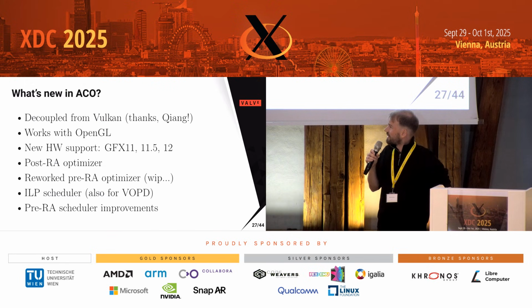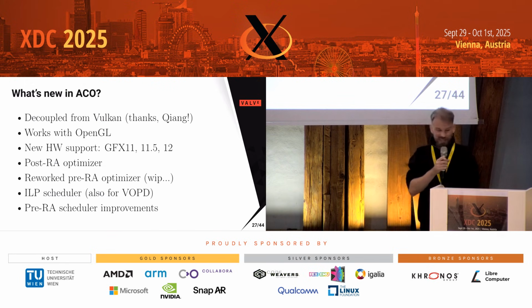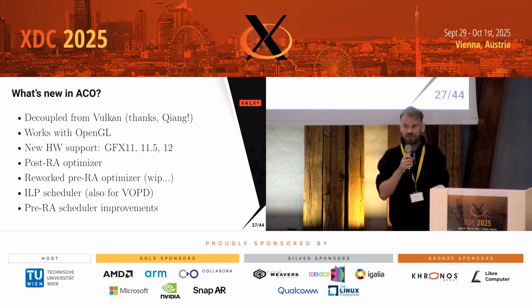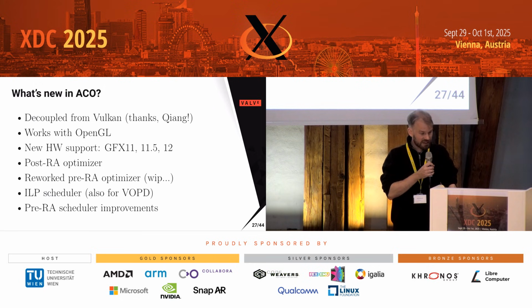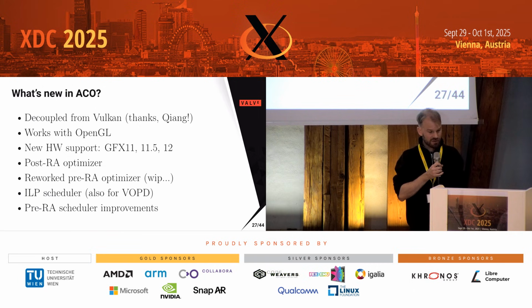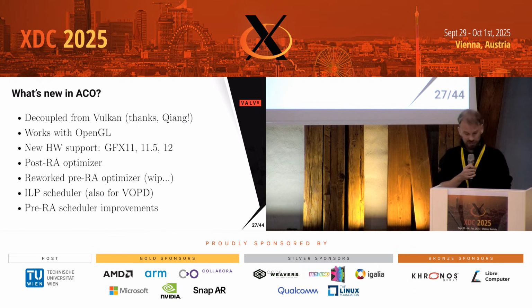We also did some rework of the pre-register allocation scheduler, because I think scheduling is one of the optimizations which can provide the biggest benefits in compilation. So there's always some effort that we try to put into that.